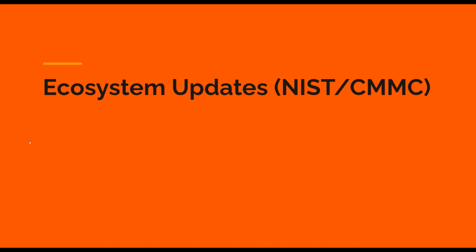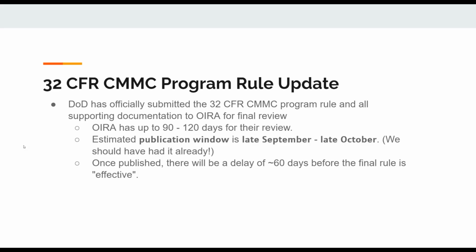And just wanted to rehash some of the items related to ecosystem updates again, because last time I said, oh well, it should be coming, but it already came out in terms of one of these things. So, just to rehash, the 32 CFR CMMC program rule update.